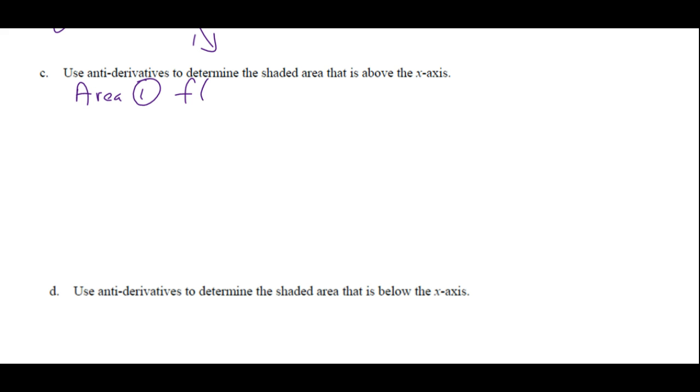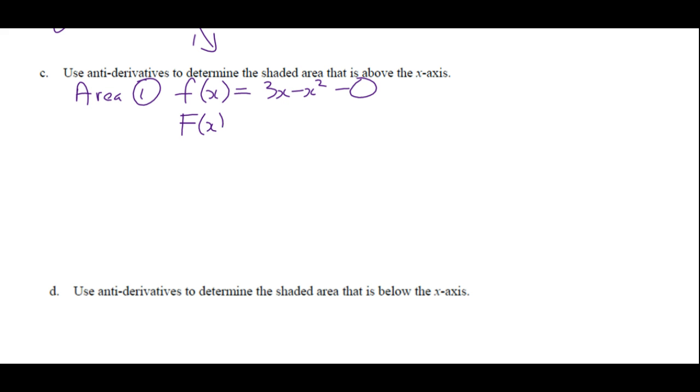So for area 1, f of x is going to be equal to 3x minus x squared. That's the upper function, right? And the lower function is 0, right? Just y equals 0. So it's just 3x minus x squared.